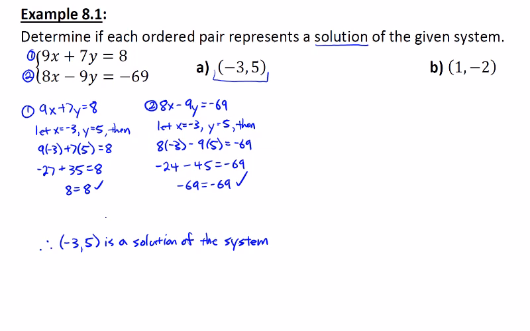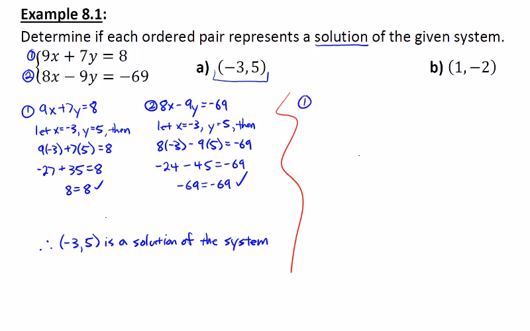And in this example, we're not being asked to solve, we're just being asked to check if the ordered pairs are a solution. Since there could be multiple solutions, we could very well find another one that works. So I can't immediately say that there's no way another ordered pair is going to work, because it very well could. So let's go ahead and try it out.